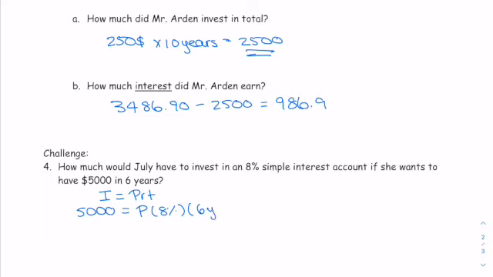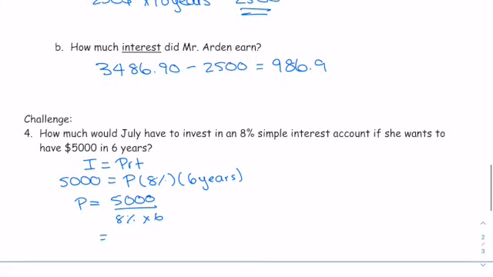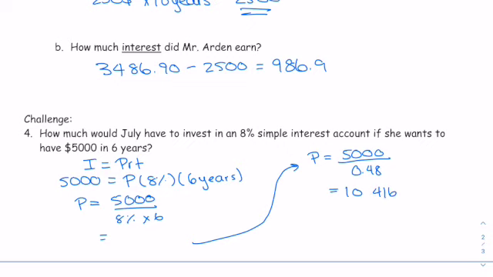You put your other information in, and then you solve for P. So you need to isolate it, which means it's going to be 5,000 divided by 8% times 6, which gives us, I'm running out of space, 0.48. And 5,000 divided by 0.48 is 10,416. So that's how much she would have to put in to make $5,000.